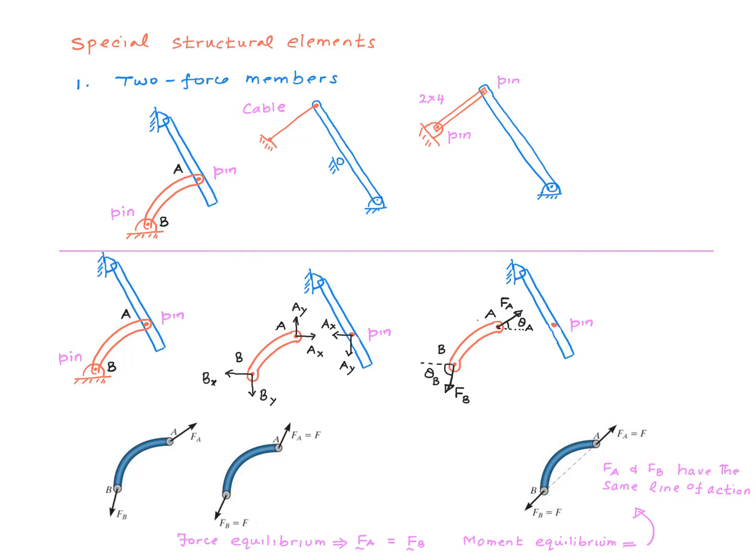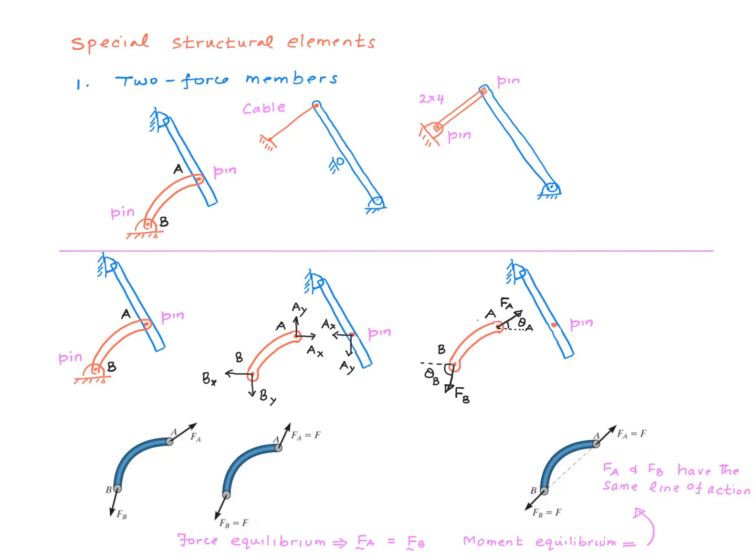Since we have not done much with the equilibrium equations for these members yet, you may not understand this completely at this point, so just bear with me. We will in a little bit. But basically, if you have a member like this, which is subjected to two forces like this, FA and FB, it can be shown using the force equilibrium equations that FA and FB must be equal to each other.